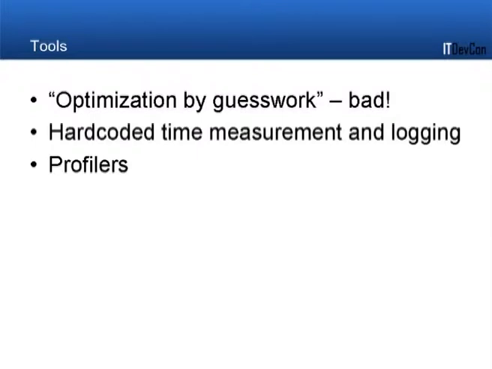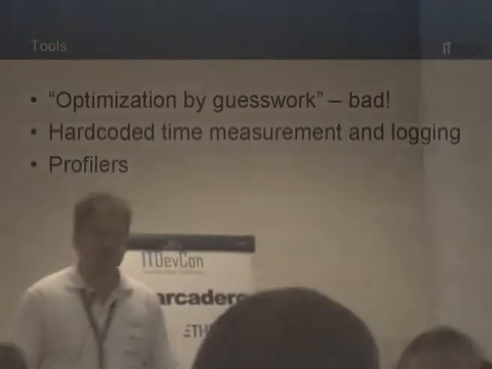So what are the tools that will help you? One way is to add some code to your program that will tell you how long some operation has taken. This is also very helpful if you are trying to locate memory issues.